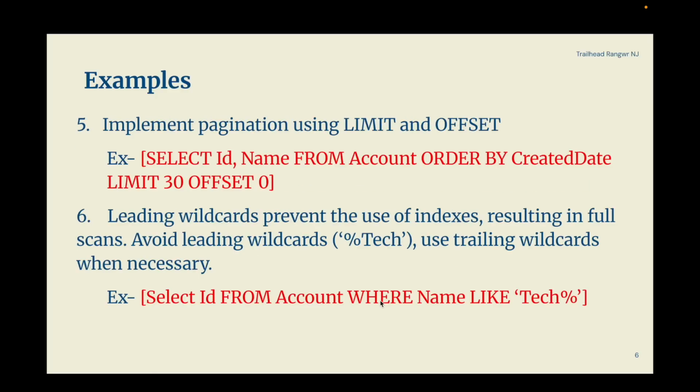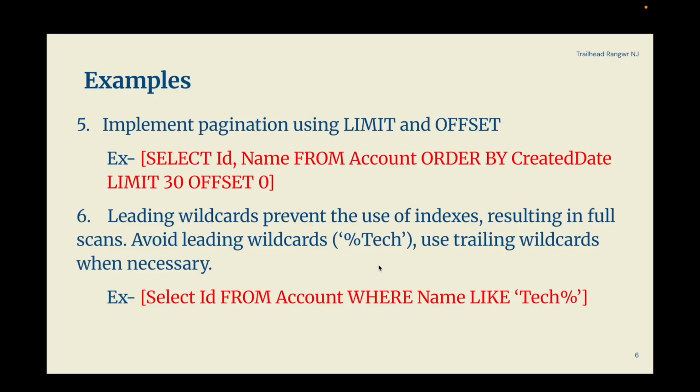Now next is implement pagination using LIMIT and OFFSET. So we can have the query like SELECT Id, Name FROM Account ORDER BY CreatedDate. ORDER BY CreatedDate means it will be a sorted list in either ascending or descending order.